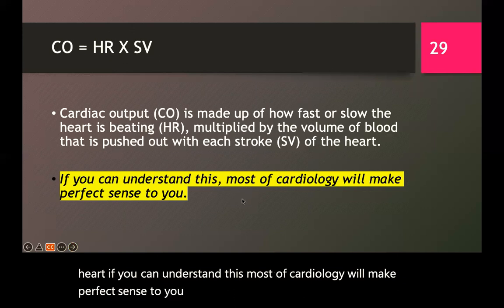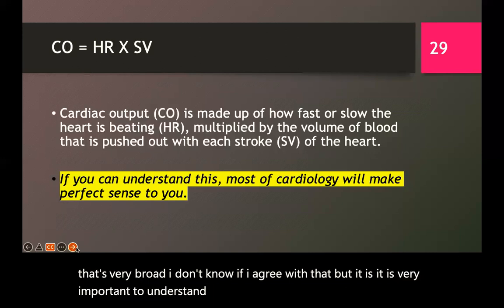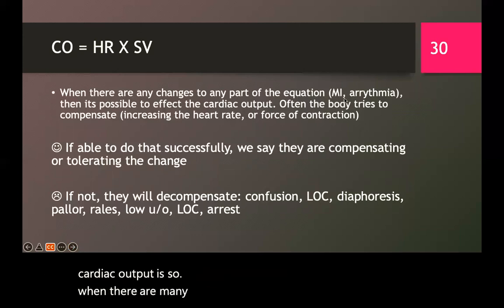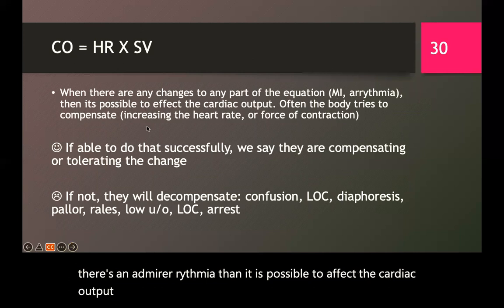That's very broad. I don't know if I agree with that, but it is very important to understand this concept of how cardiac output works. So when there are changes to any part of the equation, whether there's an MI or an arrhythmia, then it is possible to affect the cardiac output. Often the body tries to compensate by increasing the heart rate or the force of contraction, right?